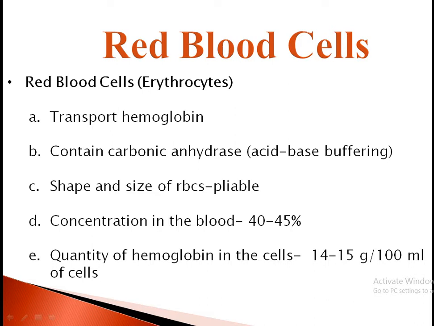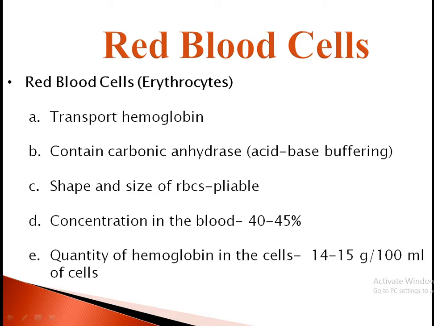Okay, the next thing, the shape and the size of the RBC. Normal red blood cells are biconcave discs having a mean diameter of 7.8 micrometers and a thickness of 2.5 micrometers at the thickest point, while surrounding the center the thickness is 1 micrometer.